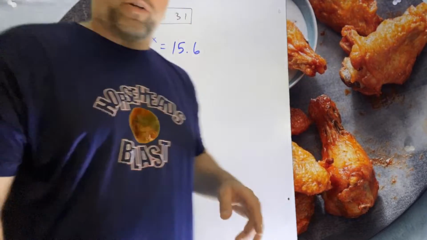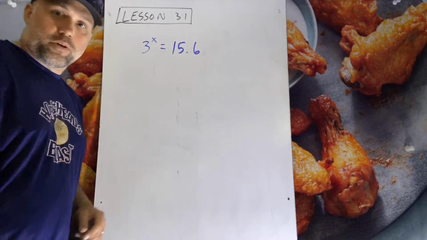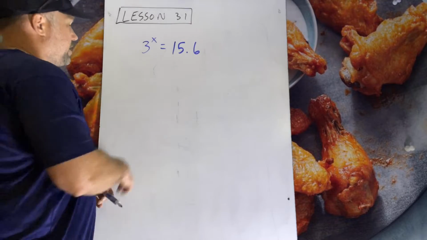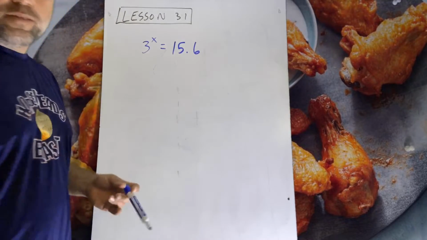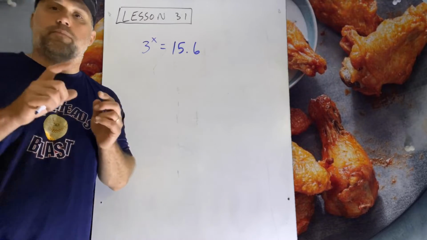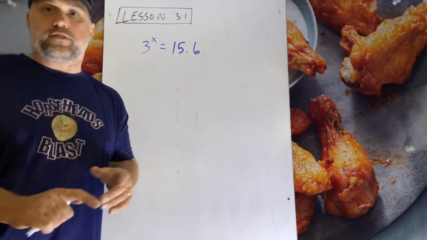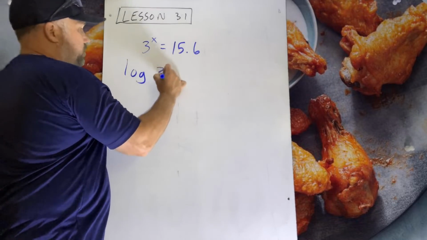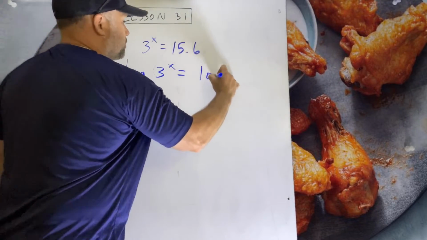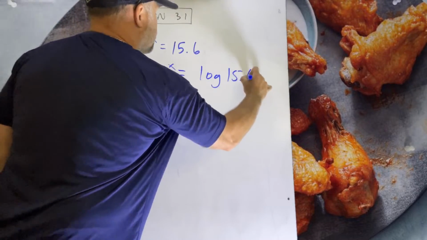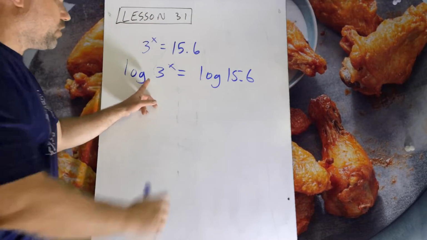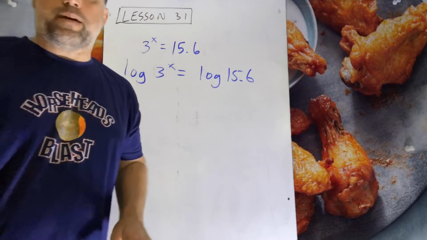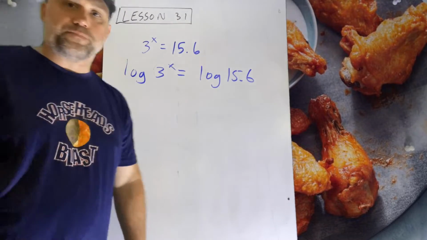So let me solve this one for you real quick. Here's an example of an equation where I can't get the bases the same. I have a 3 on the left and a 15.6 on the right. So I have to use logarithms here to make this work. Just like the last problem, I'm going to common log both sides. And remember, a common log is a log whose base is 10. We use that because we have the log button on our calculator.